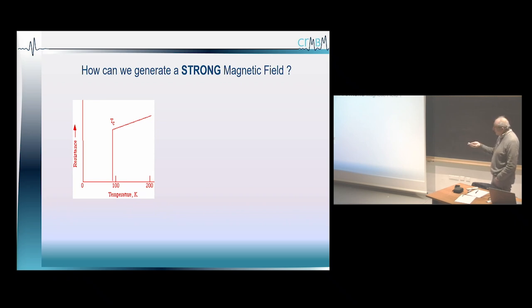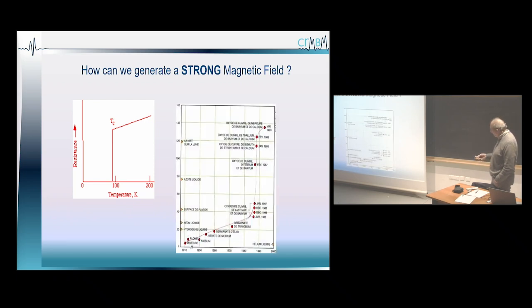And this is what people are using for the clinical systems. Here you've got a schematic of different metals that have been used and the temperature related to those metals. For now, people are mainly using this kind of mixture to produce the superconducting magnets which are generating this very high magnetic field.